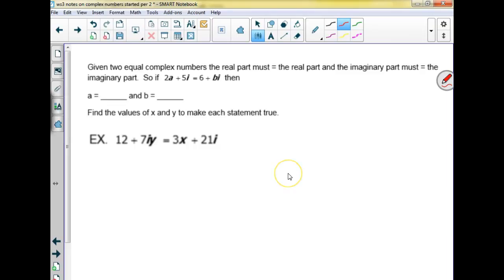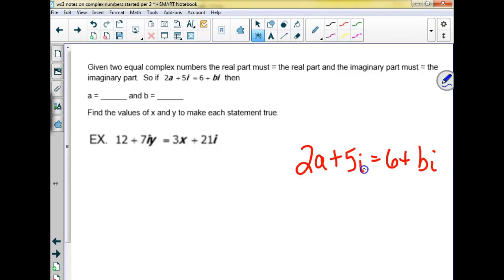This looks horrible. On your homework, this is in your notes. It says, given two complex numbers, the real part must equal the real part and the imaginary part must equal the imaginary part. So if you had 2a plus 5i equals 6 plus bi, what do a and b have to be? This is scary because there's 3 variables in there, right?